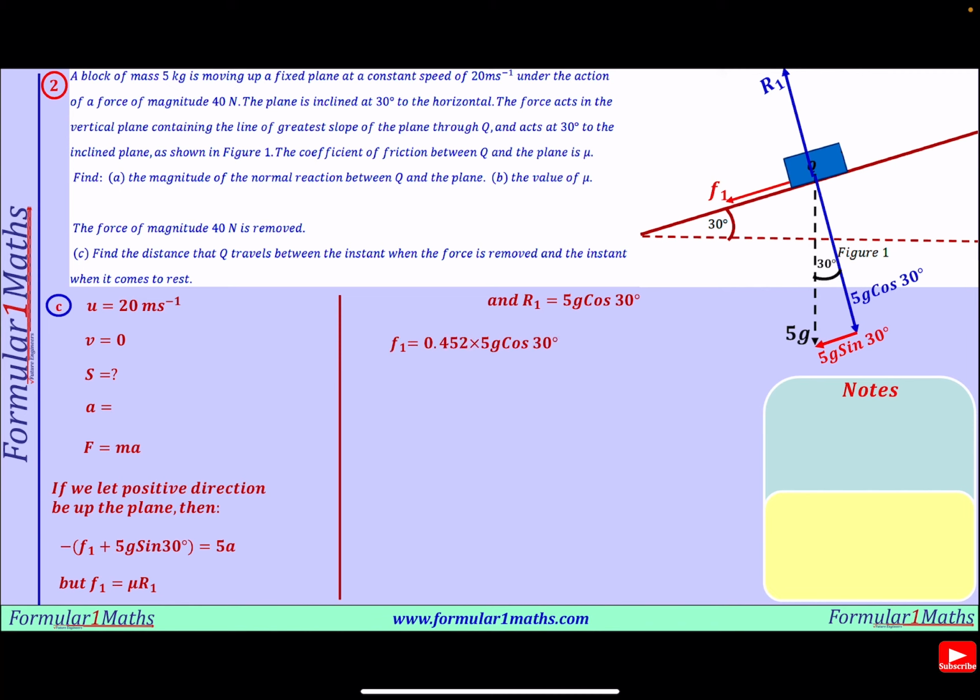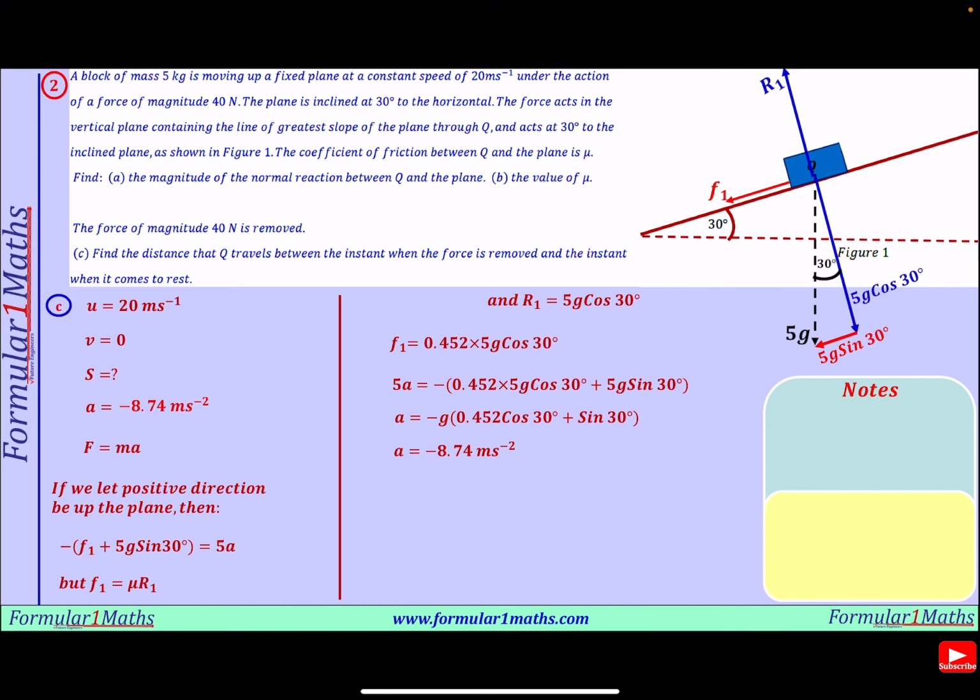So if we do a substitution, we have 0.52, which is mu, times R1, which is 5g cos 30. So therefore, coming back here and doing our substitution, we get 5a is equal to all that. We can now divide every term by 5, factorize out the g together, and then we do our calculation and we get minus 8.74 as the deceleration.